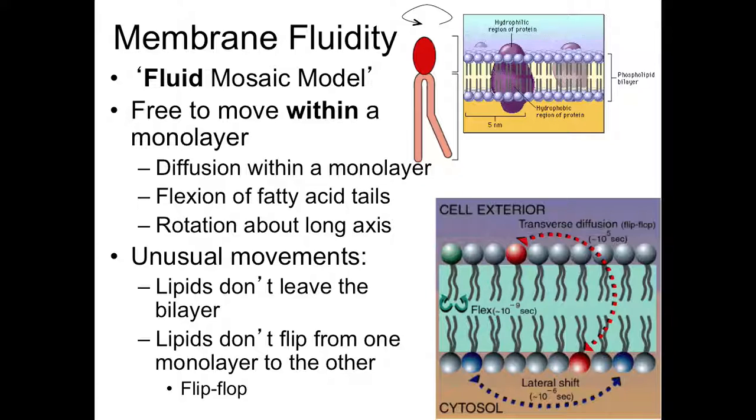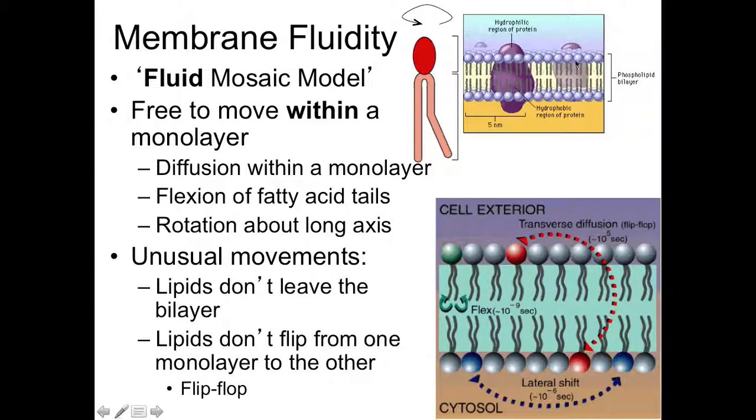And this is very important. The diffusion of phospholipids, the lateral movement within that monolayer, they're only moving through a single monolayer, is important especially for the growth of the cell and the proper distribution of those lipids.